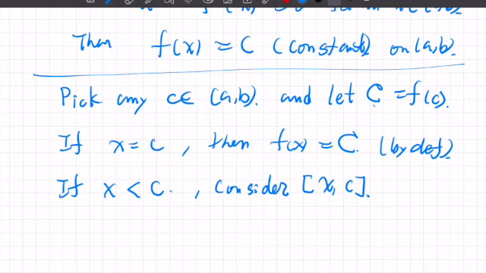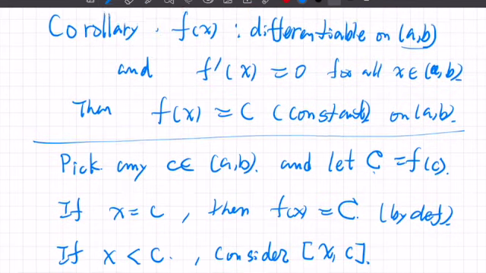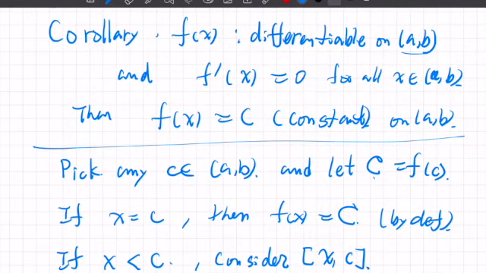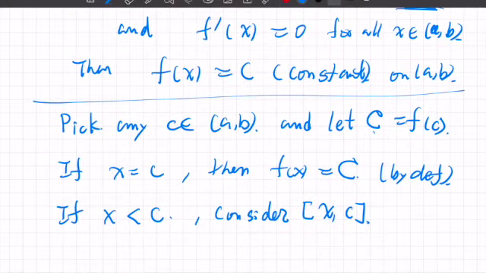We are assuming that this function f of x is differentiable in this interval, so it should also be continuous in this interval between x and c, and of course it's differentiable.